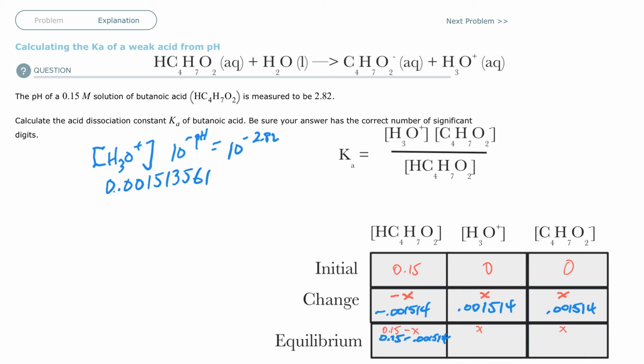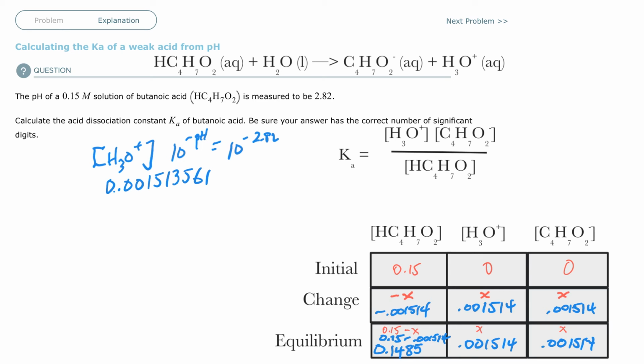Well, what is that? I'll just do it to 4 places. That's going to be 0.1485. And then this is X again, 0.001514 and 0.001514.